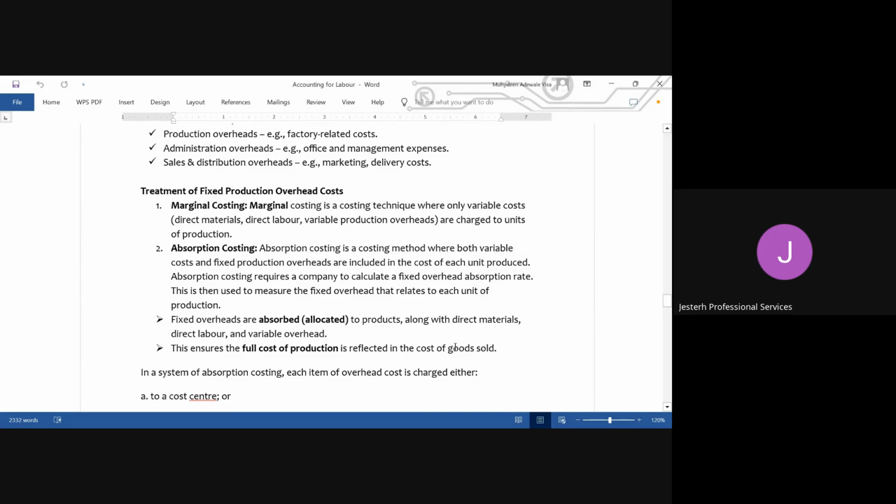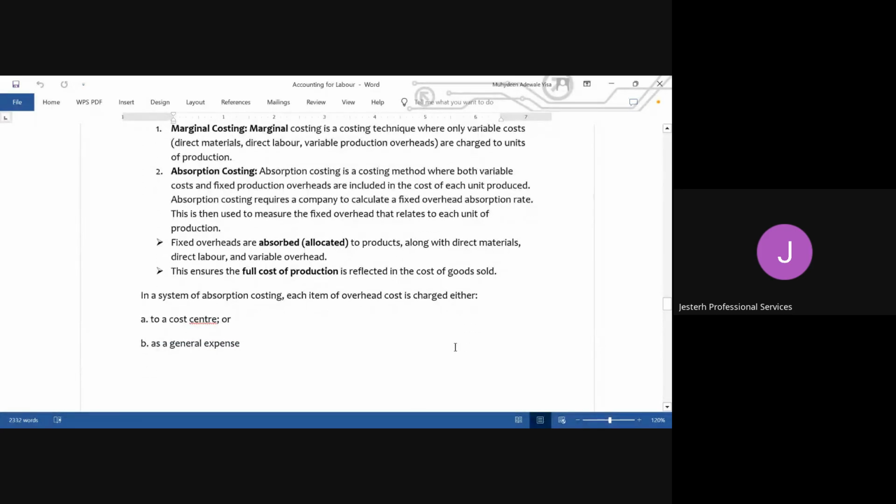And in the system of absorption costing, each item of cost is charged maybe to a cost center or to general expenses.